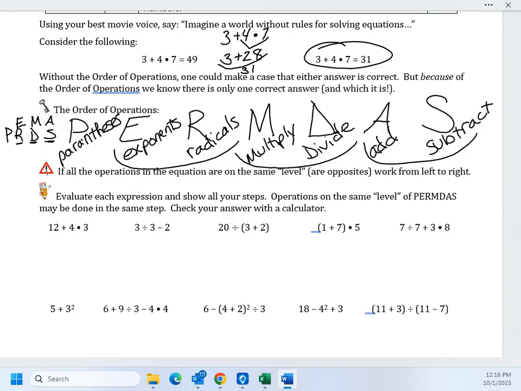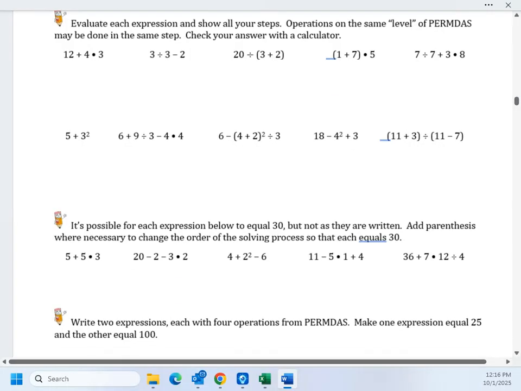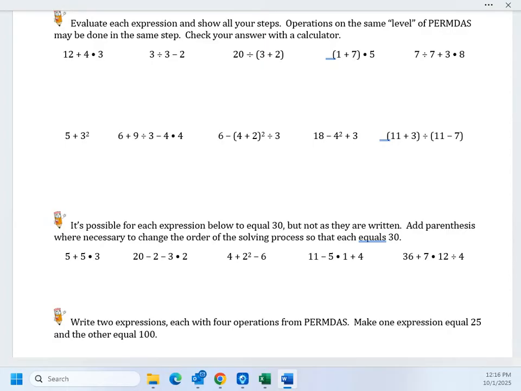This is how we're going to be setting up our order of operations. So let's look at this. It says evaluate each expression and show all your steps. It doesn't mean that I'm going to do my math over here and then I'll do, okay, 12 plus 12.